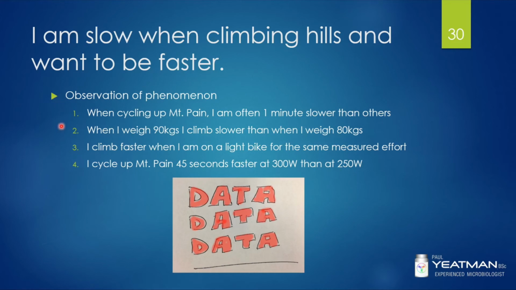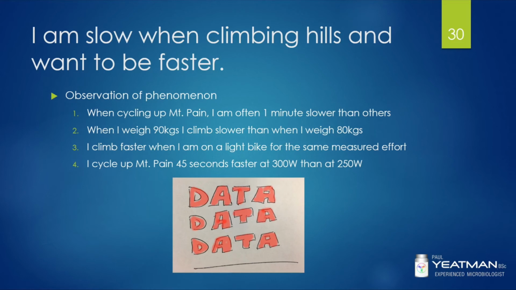So what are our observations of the phenomenon? When I cycle up Mount Payne, I'm often a minute slower than other cyclists of presumably the same height and weight or similar abilities. When I weigh 90 kilograms, I climb slower than when I weigh 80 kilograms.